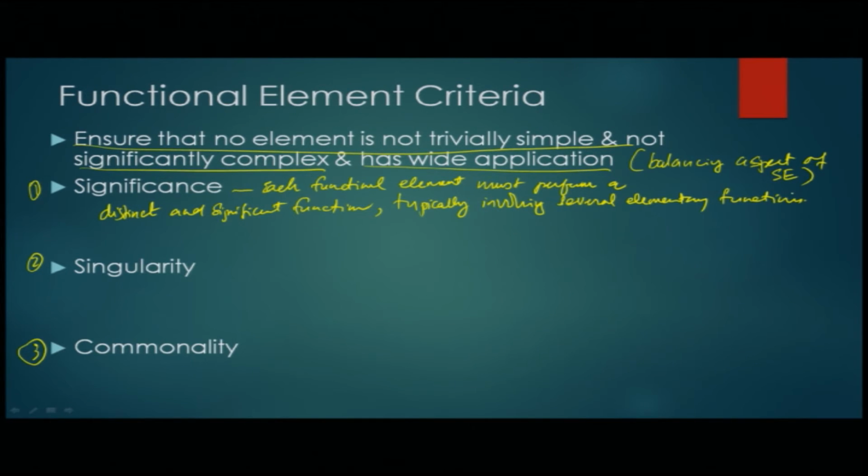So what we are interested in here is the significance of the functional element. This is where you actually do the balancing. What is the distinct and significant function that we choose out of that?